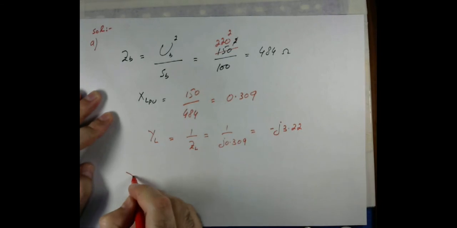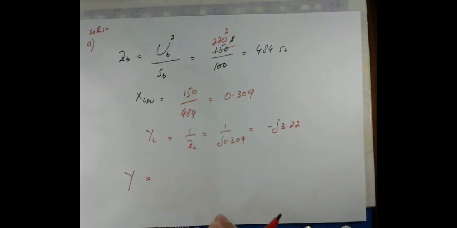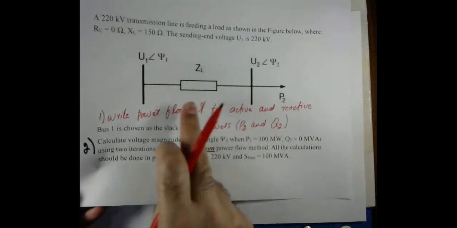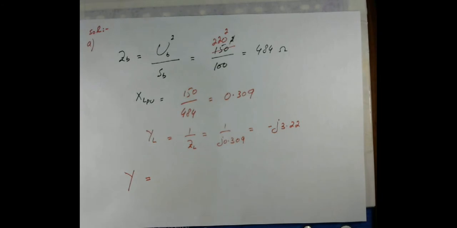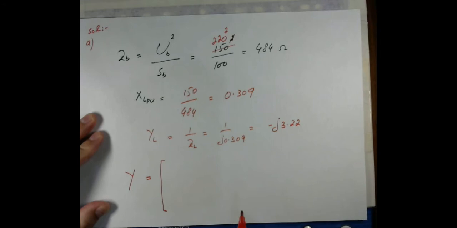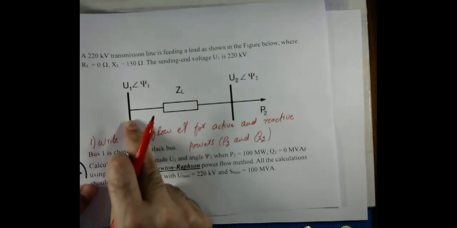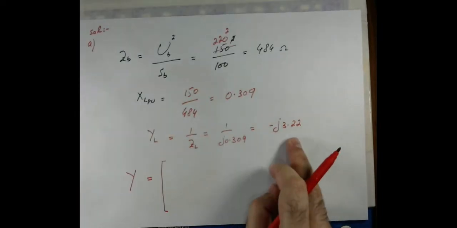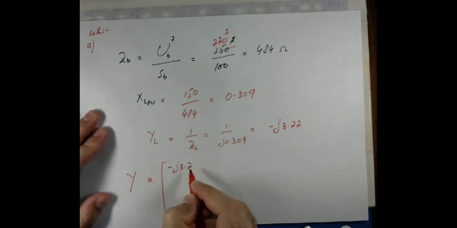Now we are supposed to formulate the bus admittance matrix. We know that it is a 2 bus system, so that will be a 2 cross 2 matrix, with the entries we have already discussed. The first entry will be equal to the sum of the admittances connected to bus number 1, that is only this term, so it is minus J 3.22 because there is only one transmission line.